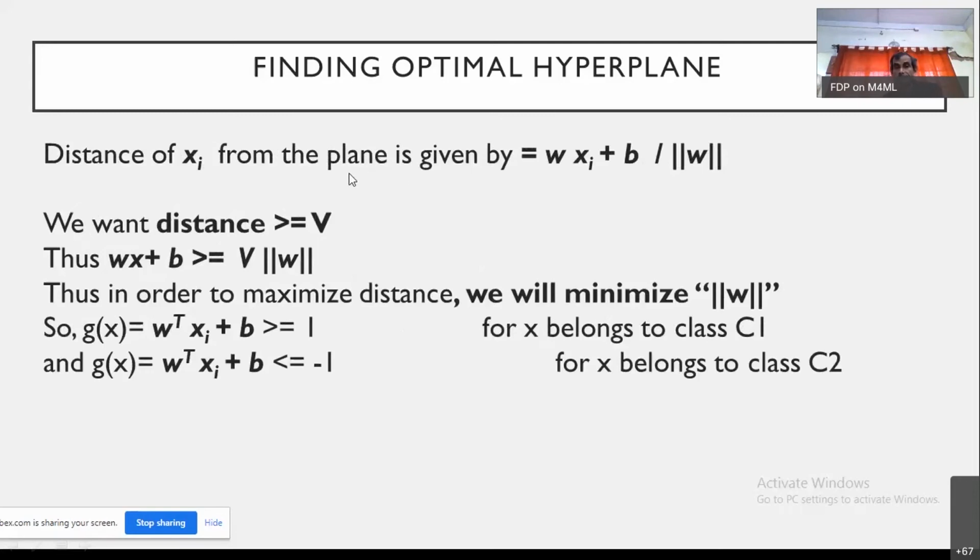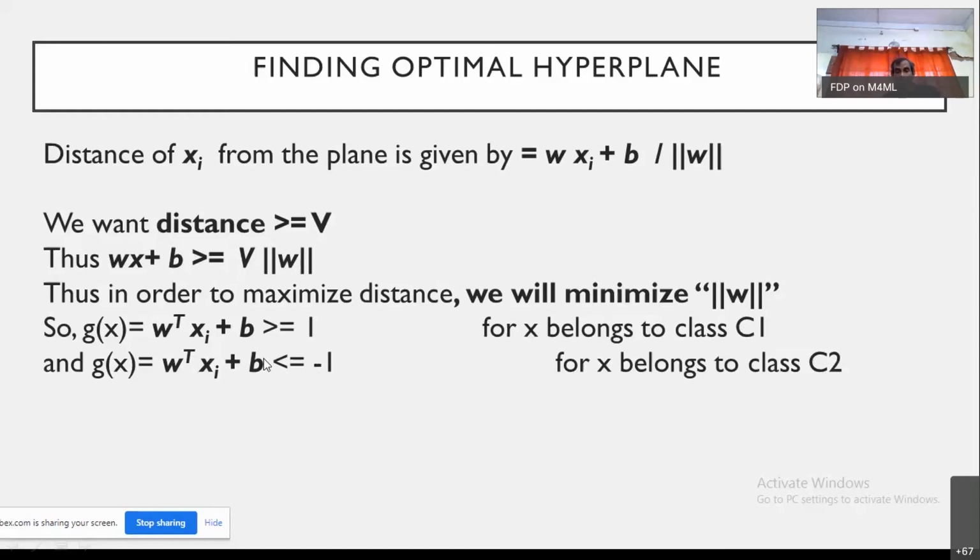So the distance of x from the perpendicular plane is w x plus b divided by mod of w. And if this distance is greater than or equal to v, this shows w x plus b is greater than or equal to v times this. So if one class is plus 1 and another class is minus 1, this is greater than or equal to plus 1, and this is less than or equal to minus 1.